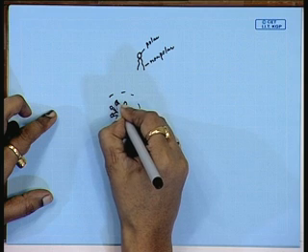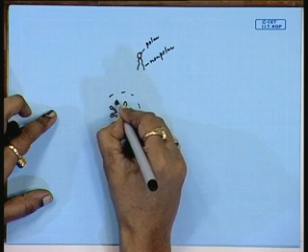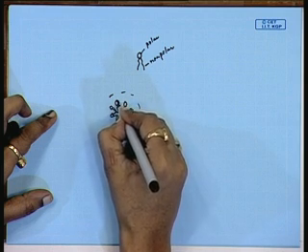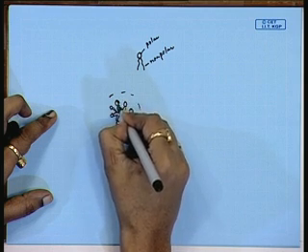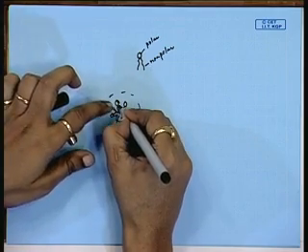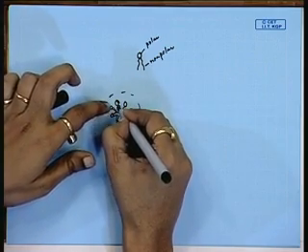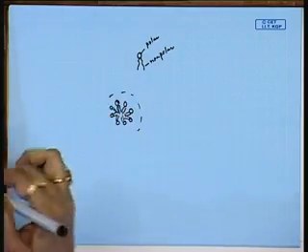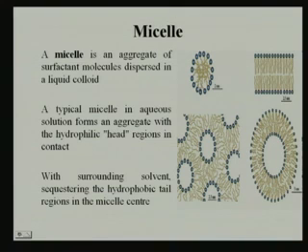So, the hydrophilic and polar head is getting exposed outside, and it is bringing the hydrophobic tail inside. When such associations are there, it forms the micelle structure, and this is the micelle in the aqueous solution.